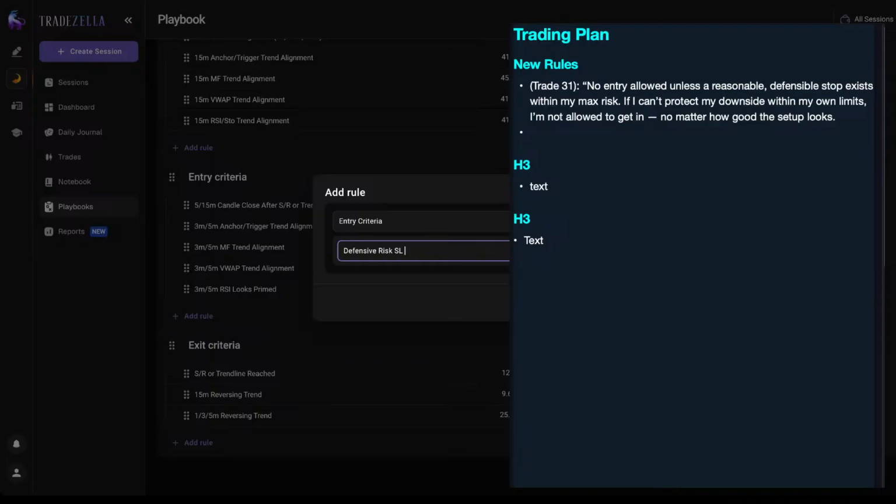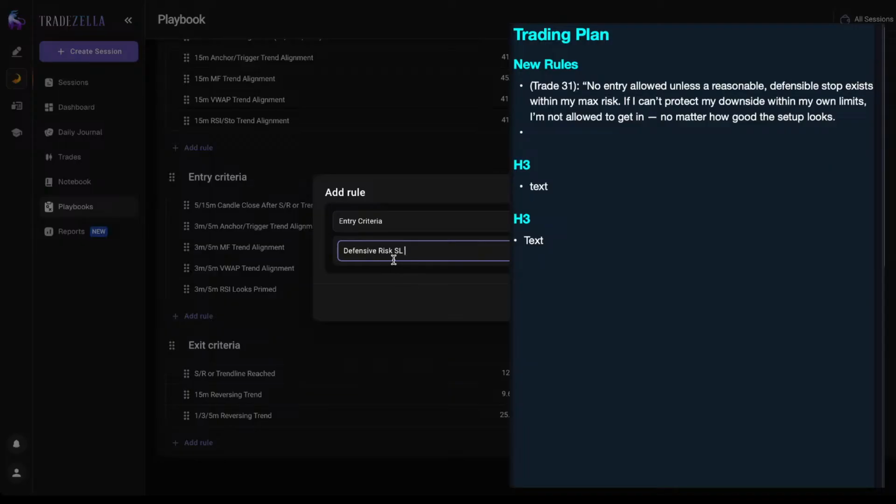Defensive risk. Defended risk stop loss. Defensive risk stop loss. I like that. Defensive risk stop loss. So my risk stop loss, I'm stopping the loss beyond my risk at a defensive position.